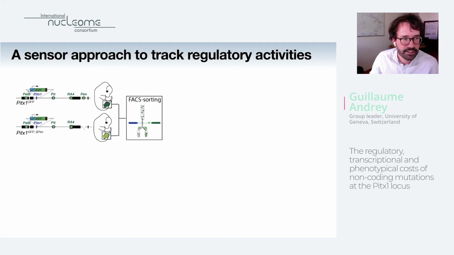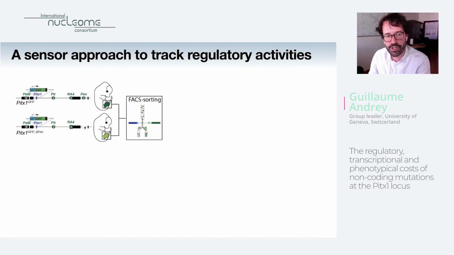But when you do that, what you hope is that this cassette will be able to sense all the regulatory activities around all the enhancers and basically reproduce the pattern of expression of the gene next to it. So here, Pitx1. We expected from this integration that the GFP would mark all the cells where Pitx1 is active, and then be able to go further with FACS sorting and other types of analysis.